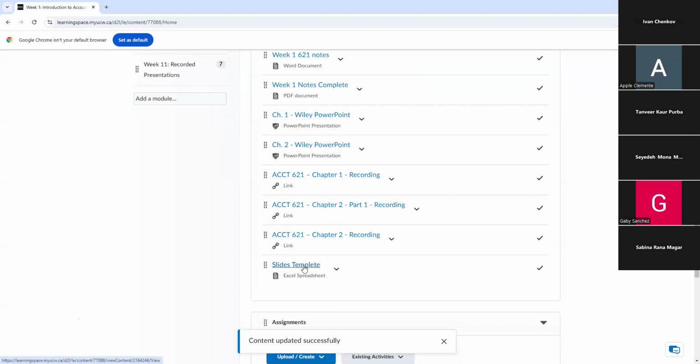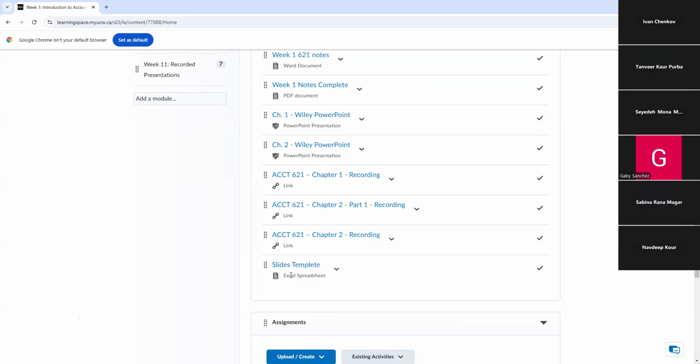Now you should have access to it. It says slides template, Excel spreadsheet. Can you guys see it? Yes, Professor. Download it.